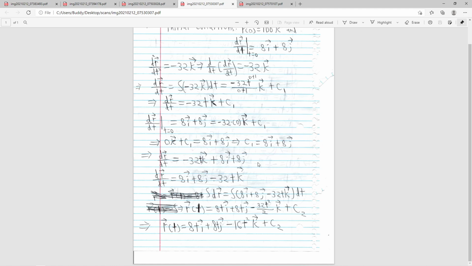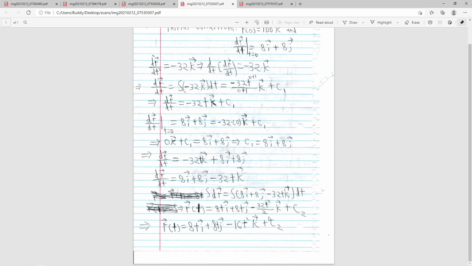Good. And then you have to integrate this expression: the integral of dr equals the integral of 8i plus 8j minus 32tk dt, and you integrate each component to get r(t). It is 8ti, it gives you 8tj, and this one is negative 32, a constant, so it would be pulled out when you integrate.